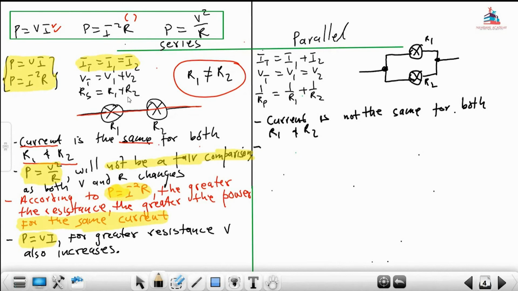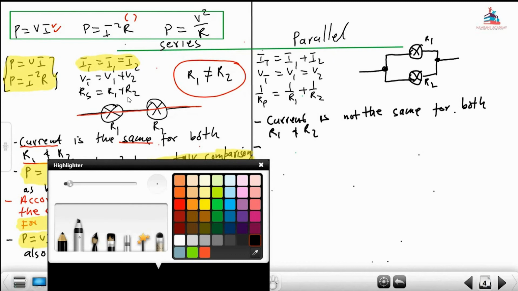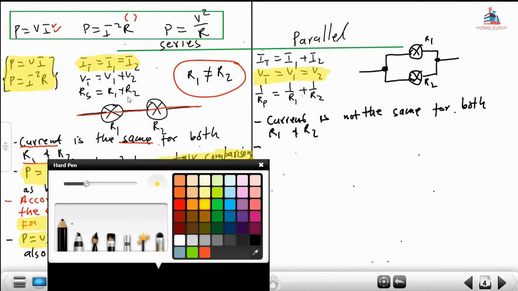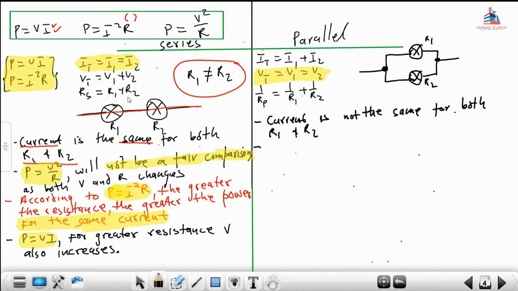But there is something that is now the same throughout. What is that? That is our potential difference. So our potential difference is the same for V total, V1 and V2. So it basically says our constant variable here will be now potential difference.